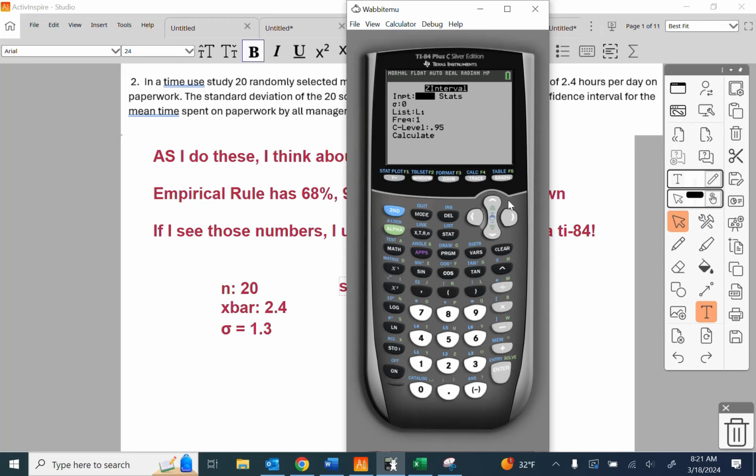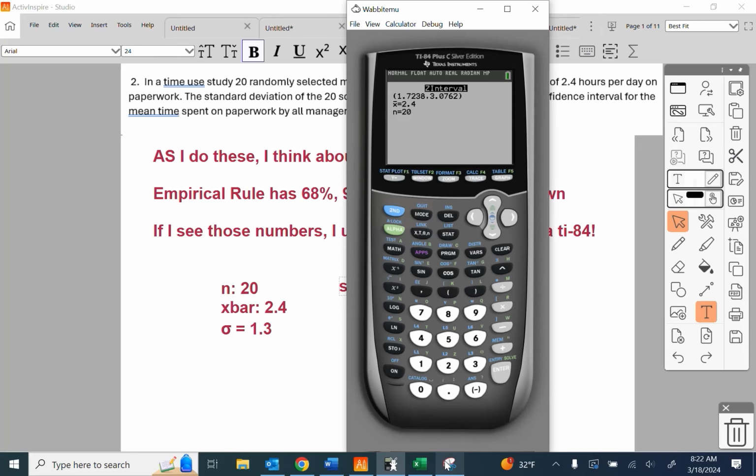I'm going to be using descriptive statistics, so I'm going to highlight stats. The standard deviation is 1.3. The mean was 2.4. And the sample size was 20. The confidence interval was 98%, so 0.98. And I scroll to calculate.